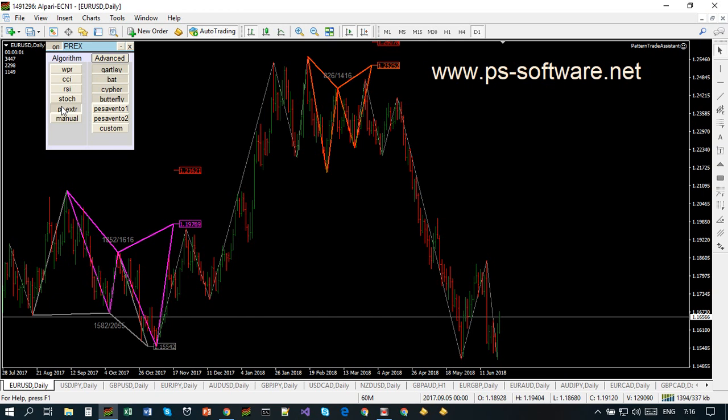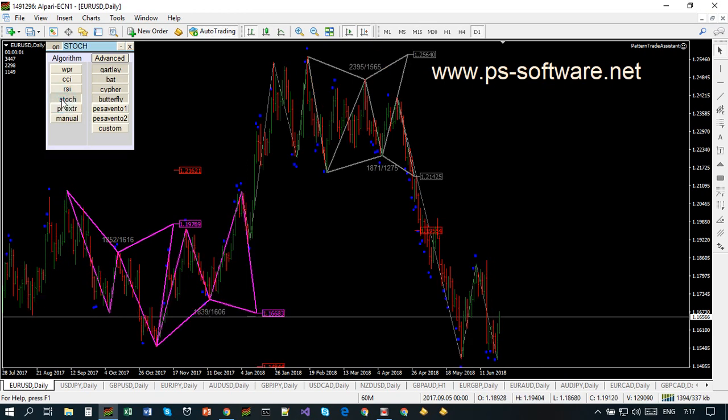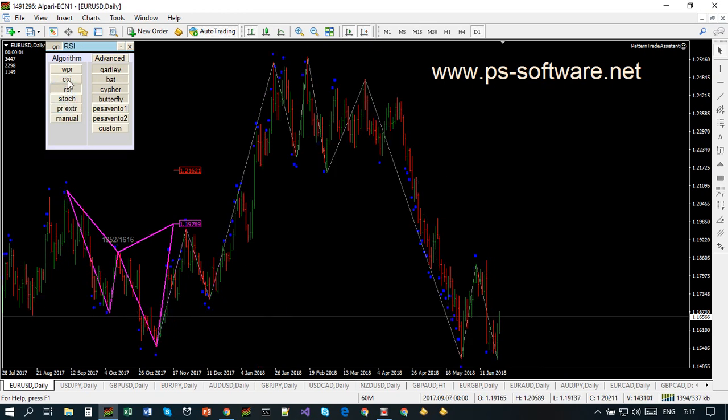Almost all Elliottians, the guys who are the fans of Elliott waves, they use some oscillators to confirm their waves. Such oscillators as MACD, RSI, stochastic, CCI, WPR, and others. So I simply created the algorithms for these oscillators, and if we switch from one algorithm to another, we can see the picture from other guys' perspective.